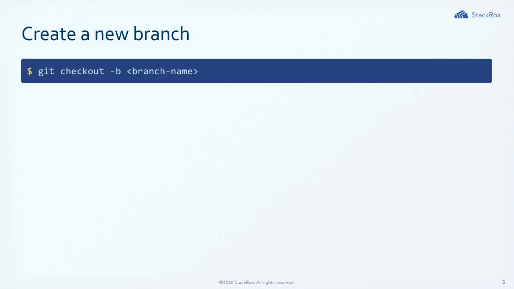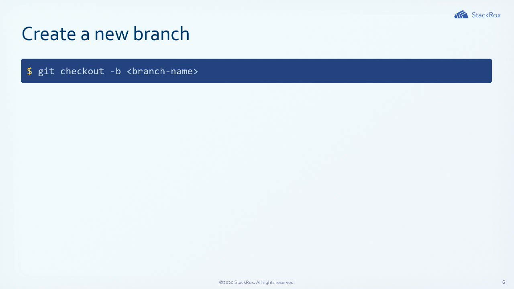When we talk about creating a new branch, the command is git checkout -b and the branch name. When I was learning Git, and I'm comparing to a newbie who's never used Git, this command is a little offbeat. There's no new keyword or anything like that.